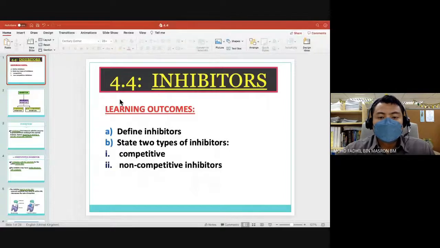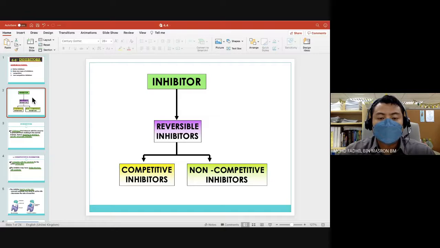So inhibitors, here are the learning outcomes. Define inhibitors. State two types of inhibitors: competitive and non-competitive inhibitors. So ini kita akan atur kejap lagi. We only learn about reversible inhibitors only. Competitive dengan non-competitive inhibitors.